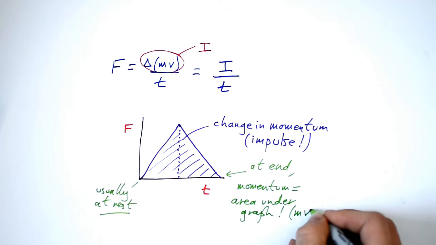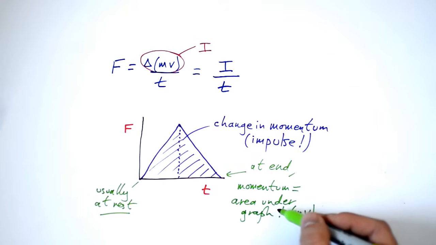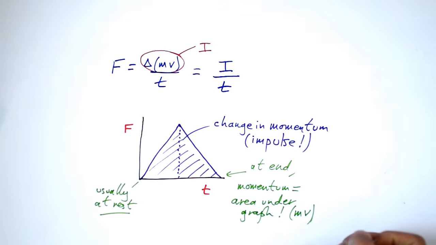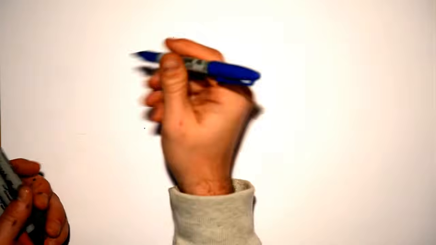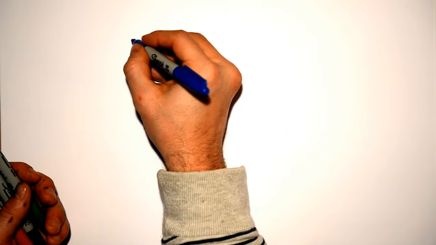That's going to be equal to mv. Then if you're trying to find the velocity, just divide the area under the graph by the mass and you find the speed. Now let's talk about one situation that confuses quite a few people.